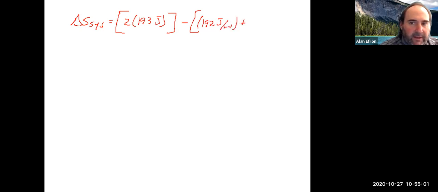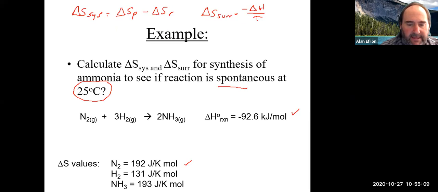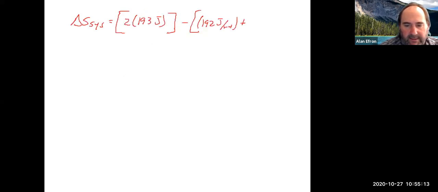We're going to add that to our other reactant, which is H2, and it looks like there are 3 of those, so 3 times 131.